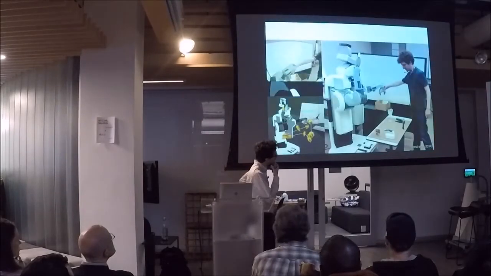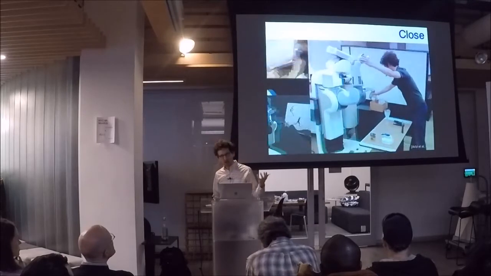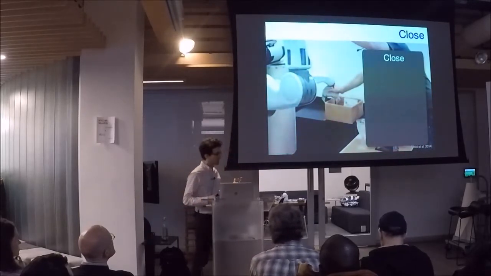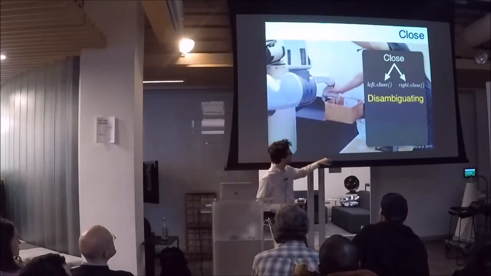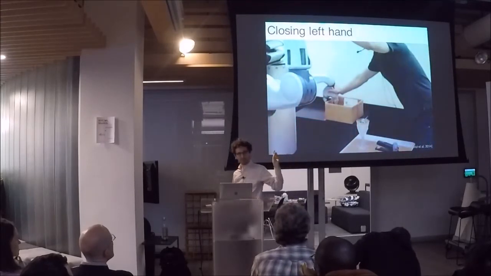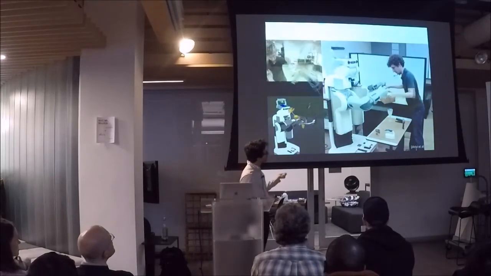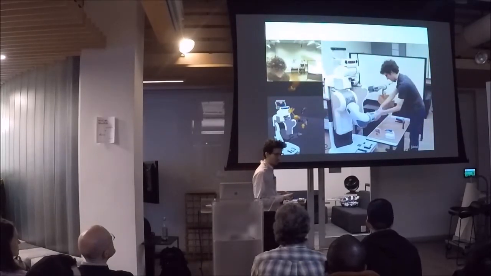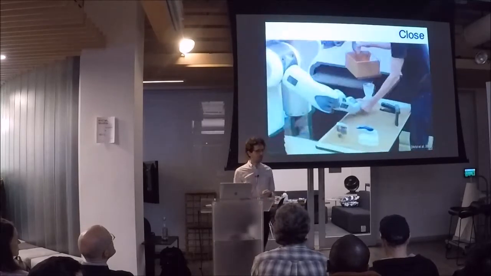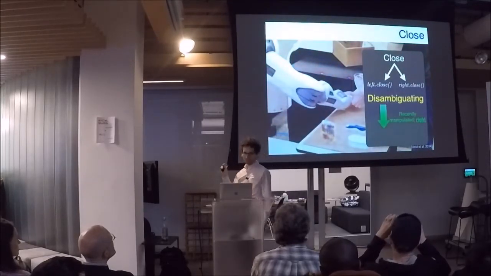As you will notice, when I give the robot commands, I don't specifically say what arm or gripper I'm referring to. So when I say close, the robot is able to disambiguate here. In this case, it understands I mean closing the left gripper. As the interaction continues, and I say close again, the robot will again try to disambiguate. And in this case, it understands that I mean closing the right gripper.